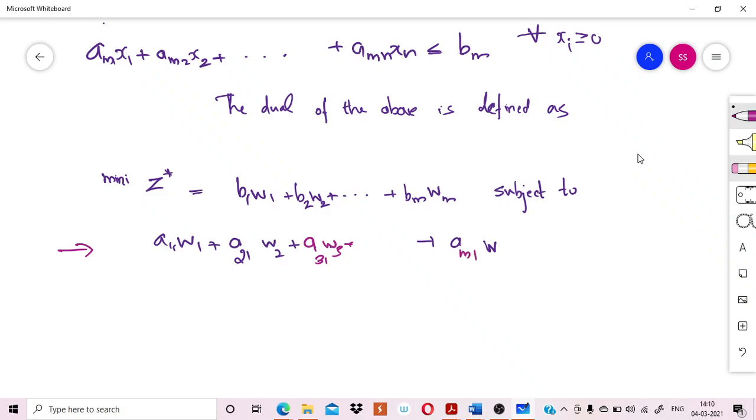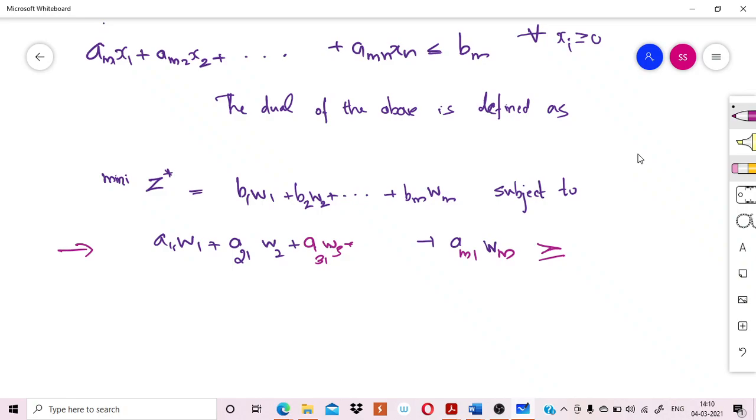And the less than or equal to sign becomes greater than or equal to. That means our maximization problem became minimization.